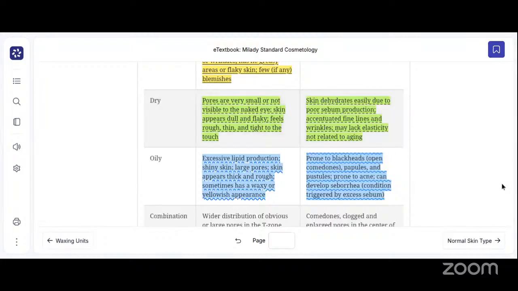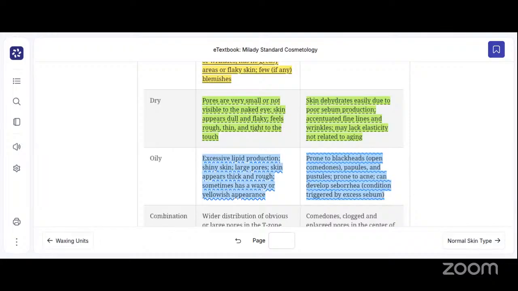Now, let's look here. It is prone to blackheads, open comedones. A lot of people say open and closed comedones because the blackheads have to be white first, which is that initial buildup, and then the longer they sit, they become darker. So prone to blackheads, open comedones.